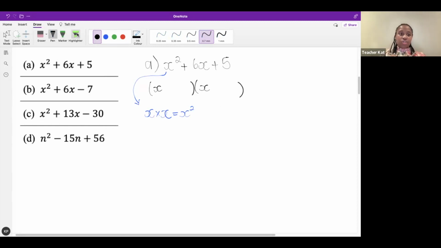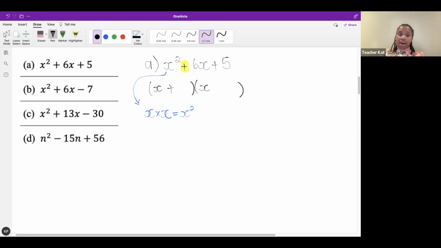Now, I'm going to teach you a nice shorthand way to do this. There are many ways that your teacher might have taught you, but I'm going to show you. Now we need to decide which symbols are going inside my brackets. Firstly, we're going to look at the first symbol. One of your brackets will definitely have the first symbol, which in this case is a positive.